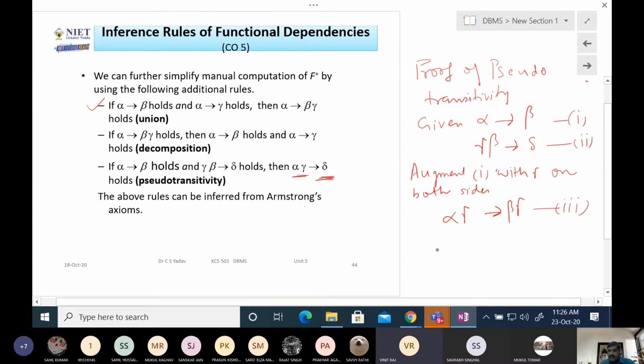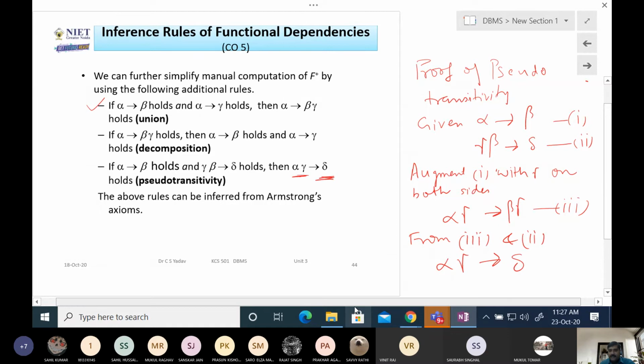Okay, we will apply transitivity. Now from equation 2 and 3, where beta gamma is equal to gamma beta, from 3 and 2, through the transitivity rule, alpha gamma determines delta.